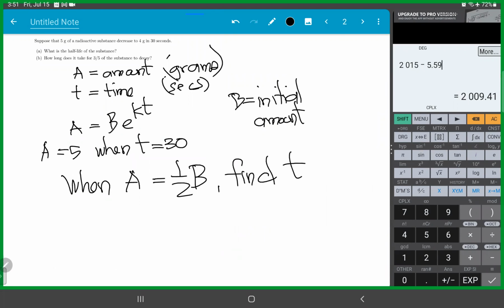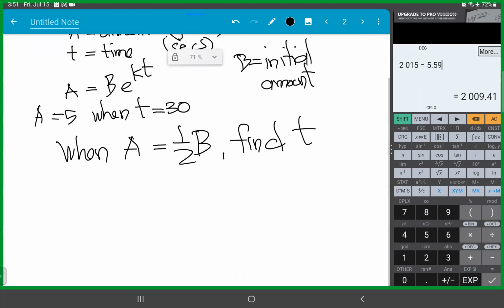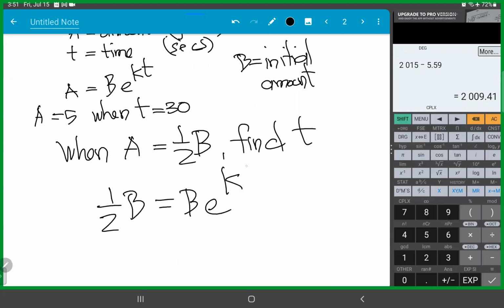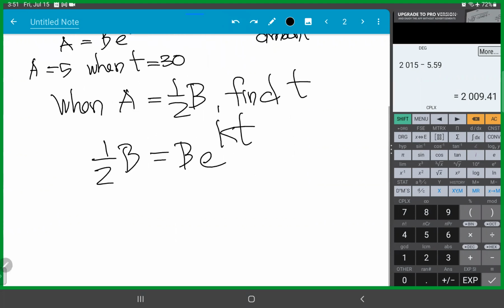And the half-life will be independent. Okay, there's a decrease. Let me figure that out later. So half-life siya, find t. So A is half the amount, and B always cancels out. So the initial amount is irrelevant to this question when you're computing for the half-life.